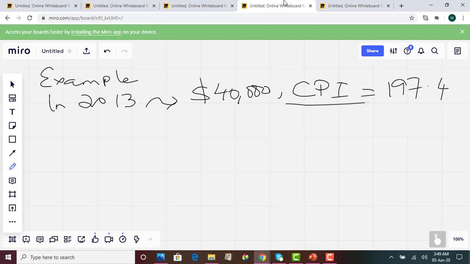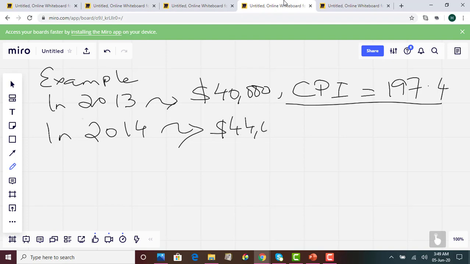Then in 2014 your income went up to 44,000, but the CPI also went up to 202.6, which means that prices have gone up over the years, so we need to take out the impact of inflation.